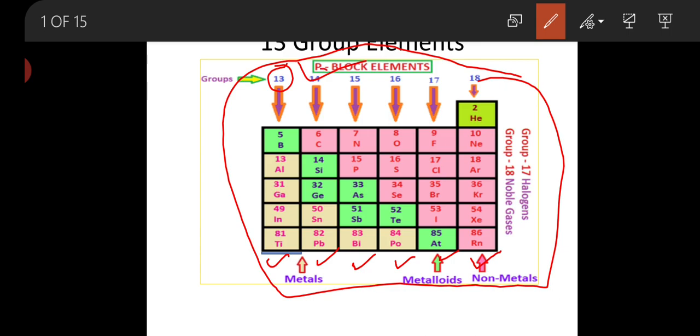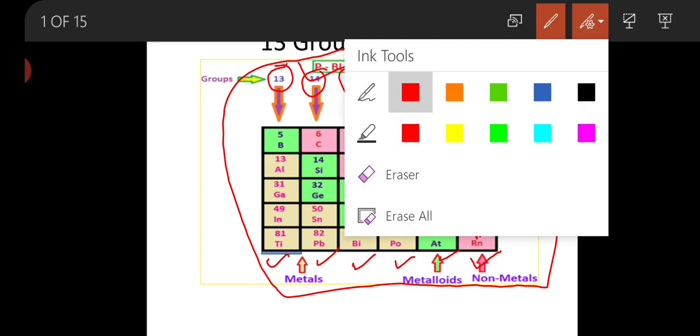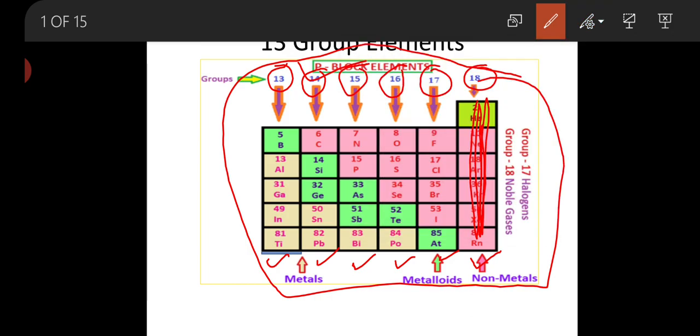Group 18 elements are known as the inert gas elements. These elements are non-reactive, so they are placed at the extreme right-hand side of the periodic table.